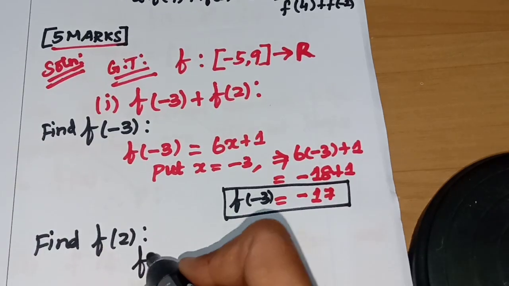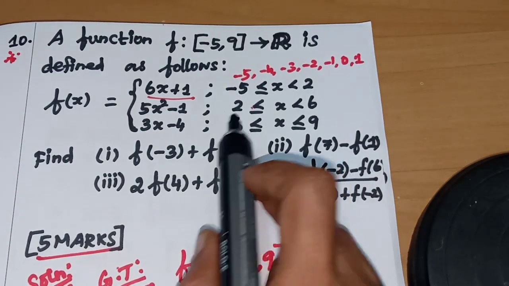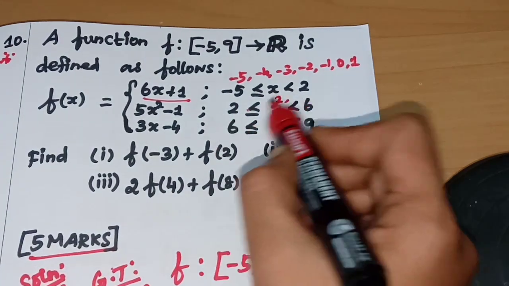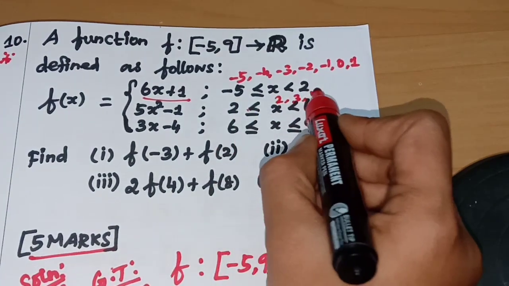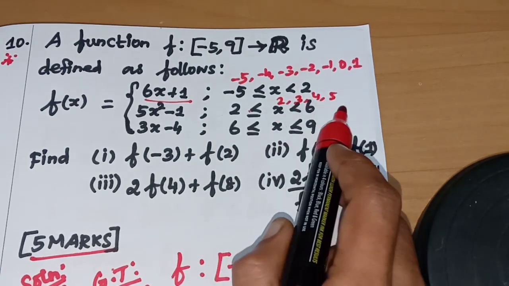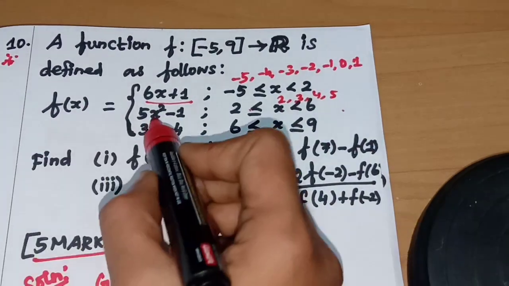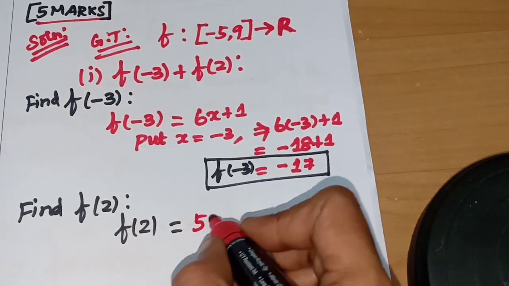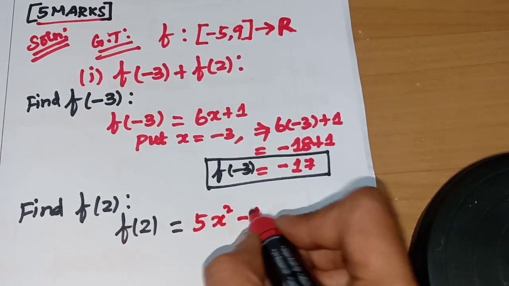F of 2 equal to, see the question, taking second limit, 2, 3, 4, 5 less than 6. Function f of x equal to 5x square minus 1. F of 2 equal to 5x square minus 1.